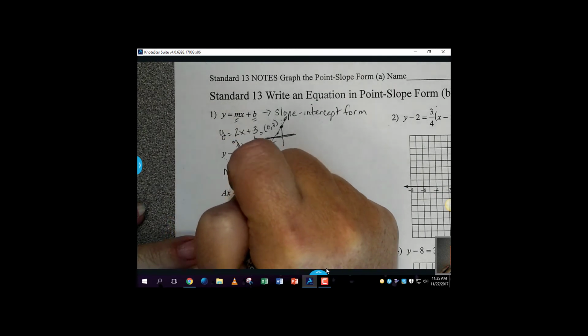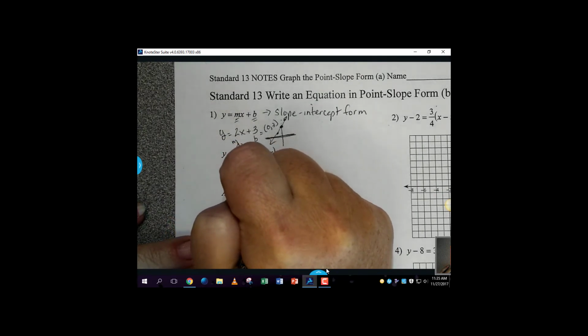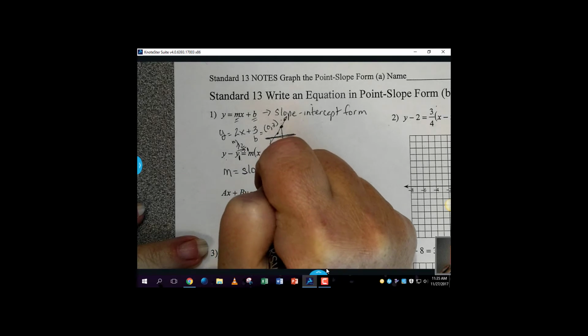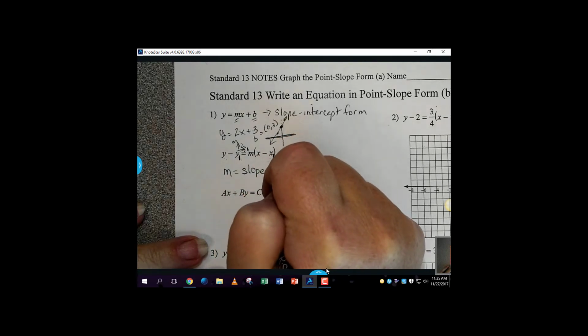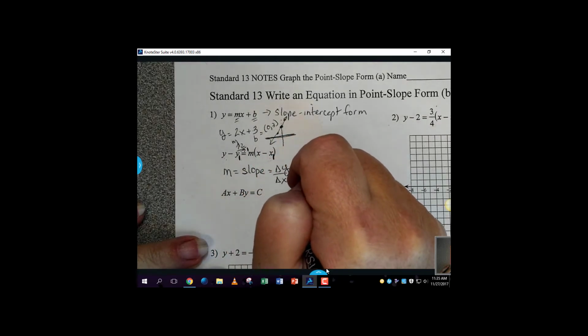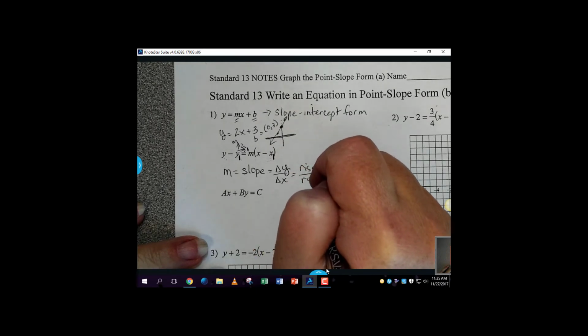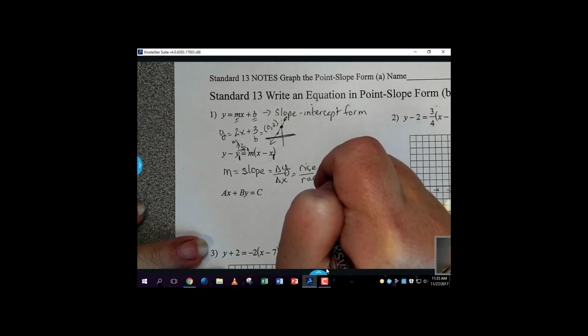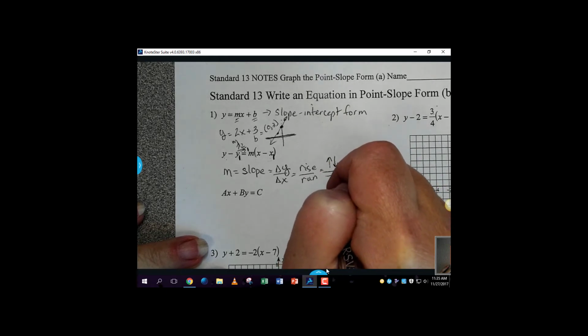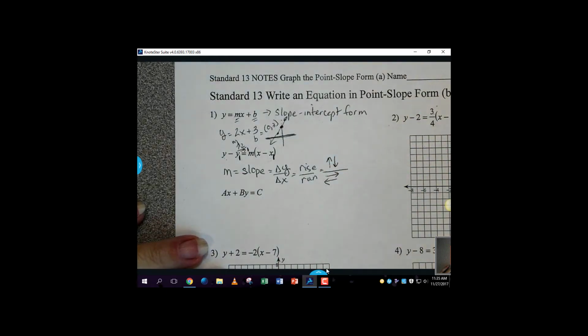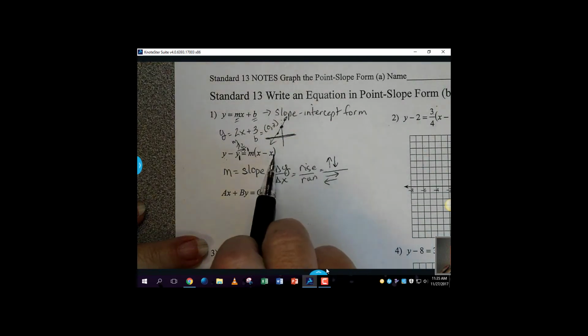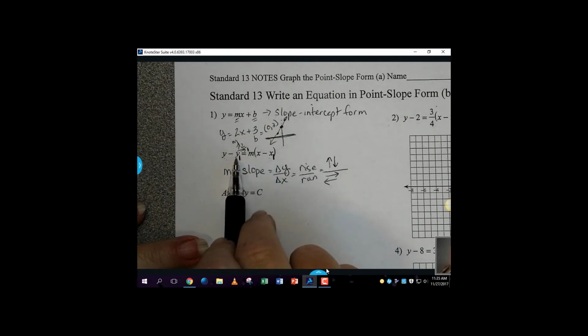M, as you already know, is the slope, which is the change in y over the change in x, which is the rise over the run, which is the up and down part divided by the left and right part, right? That we already know. But now, where to start is a little bit different. The where to start comes from this x1 and this y1.